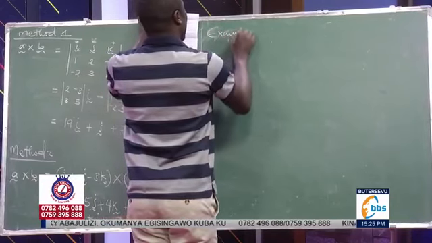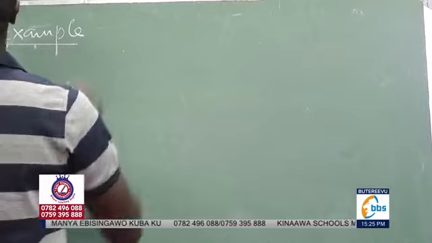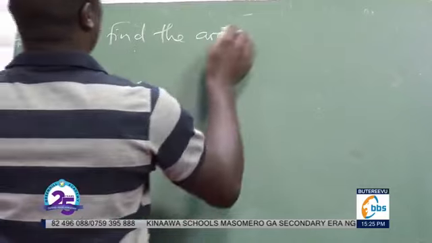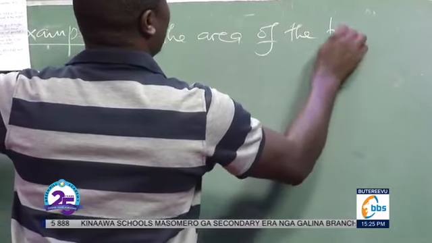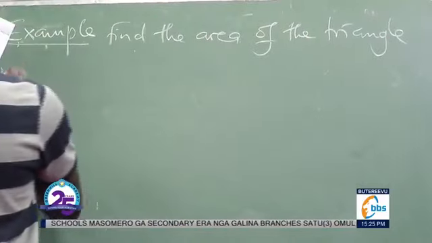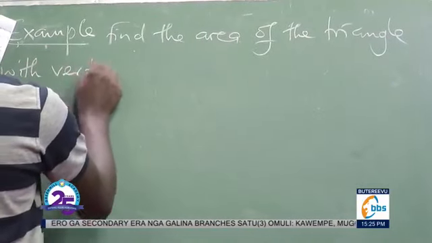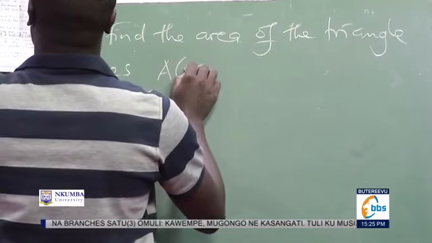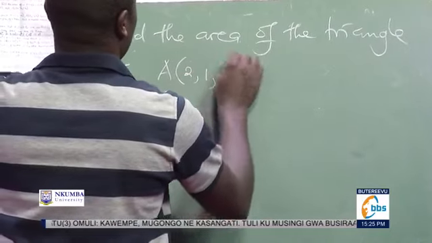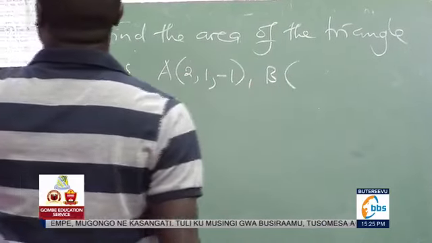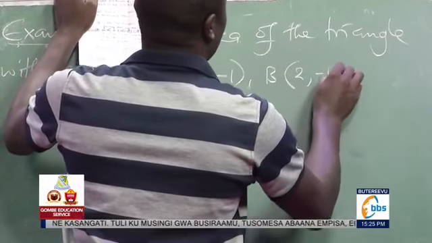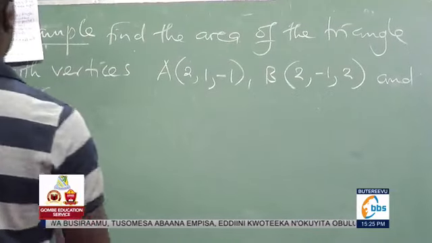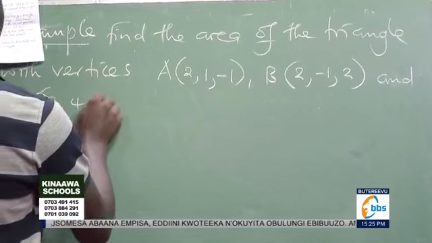Example: find the area of the triangle with vertices A, which is 2, 1, -1, B, which is 2, -1, 2, and C, which is 7, 4, -1.